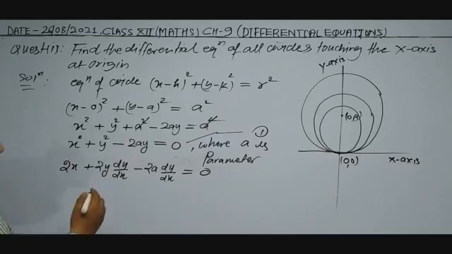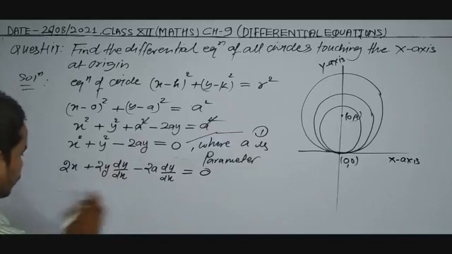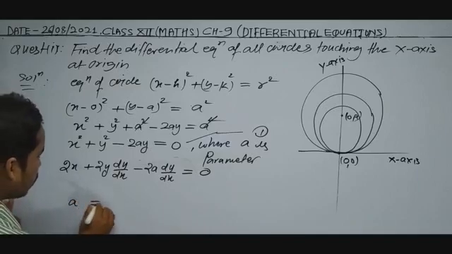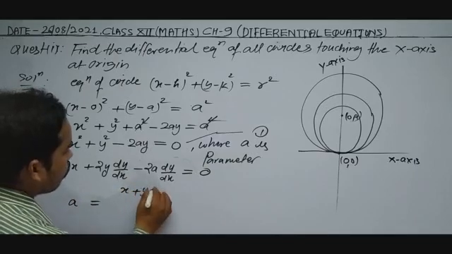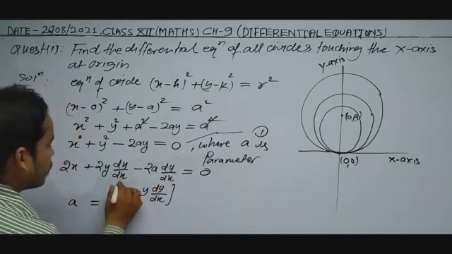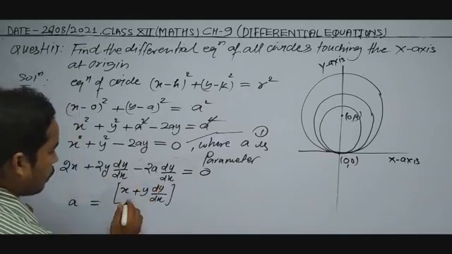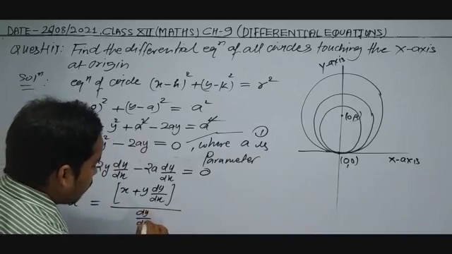After calculation, small a is equal to x plus y times dy by dx, whole upon dy by dx.